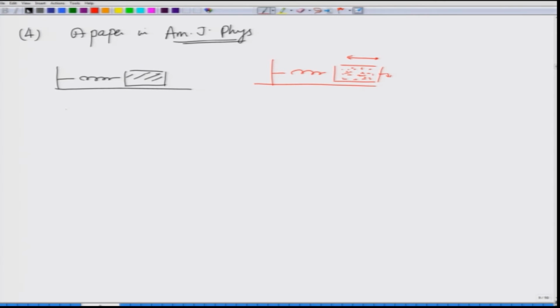So, let me now write the problem. A spring, so we want to find that amplitude as a function of time, and that is the problem.